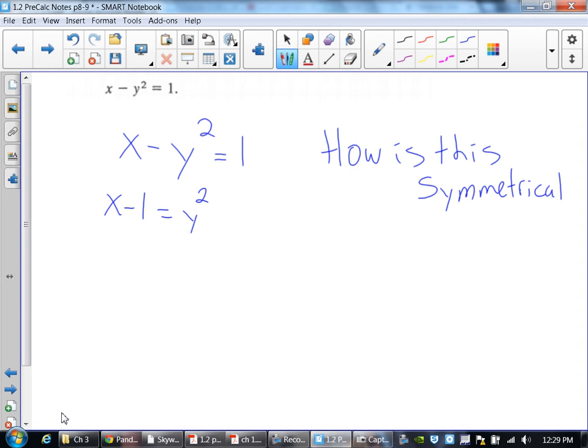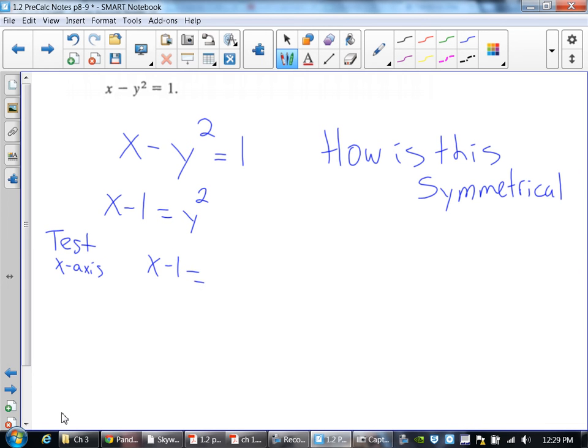So now I'm going to test the x-axis. If I test the x-axis, what do I have to change? The y. So here's what I do. If I'm going to test the x-axis, I have the same x value.